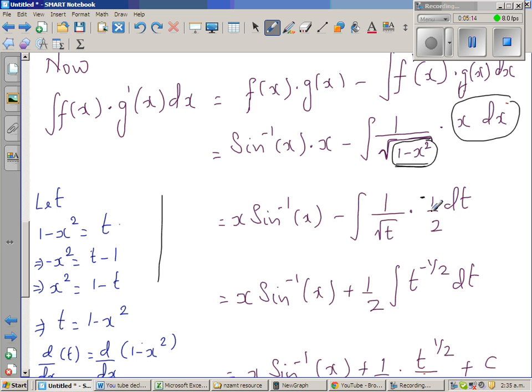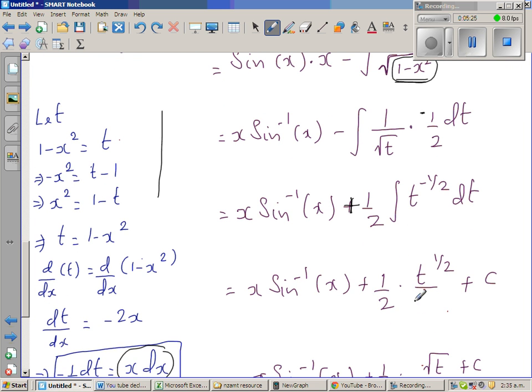This negative and negative become positive, and that's why I put a positive here, and I factored the half out, and this becomes t to the power negative half. Integrating t to the power negative half, you have to add 1 to the power, that will be t to the power half over half.